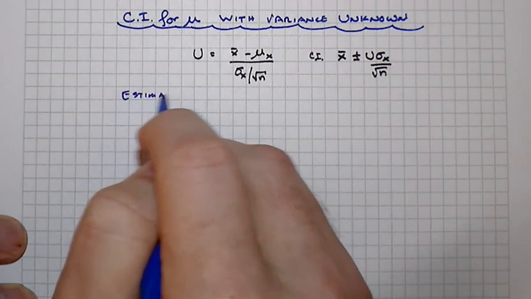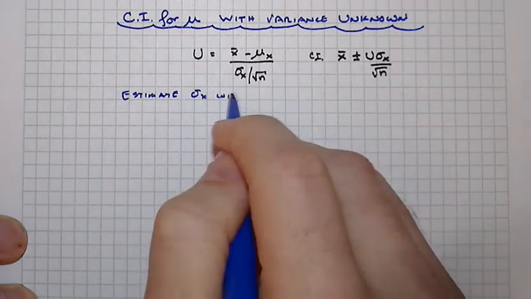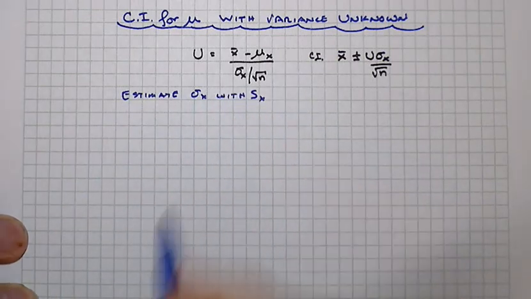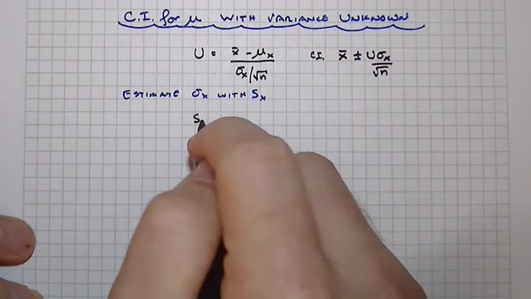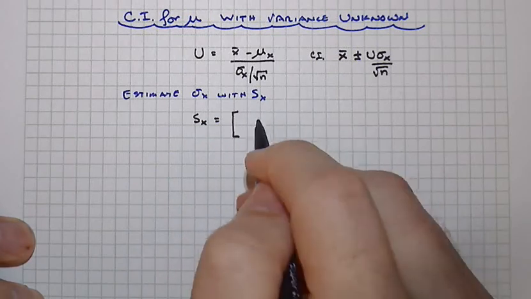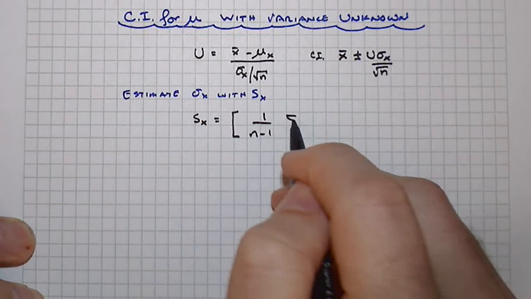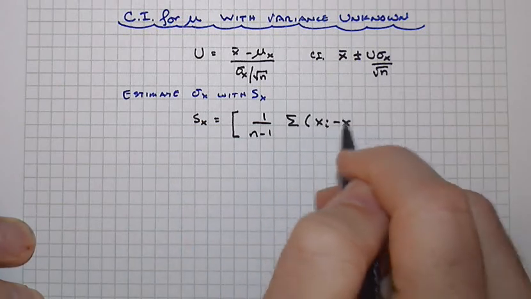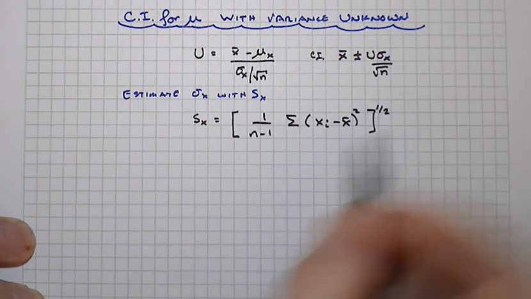to estimate sigma x with our sample standard deviation, where we defined that sample standard deviation to be equal to the square root of the sum of the xi minus the sample mean squared, all divided by this n minus 1.